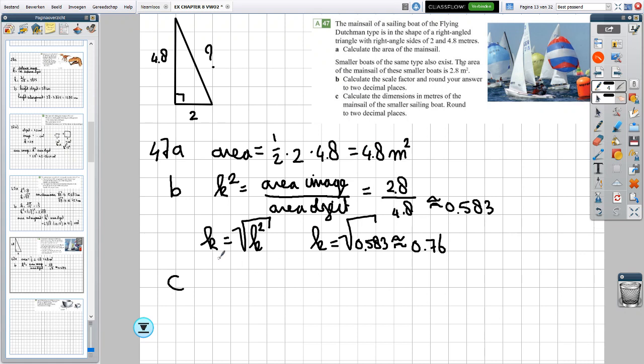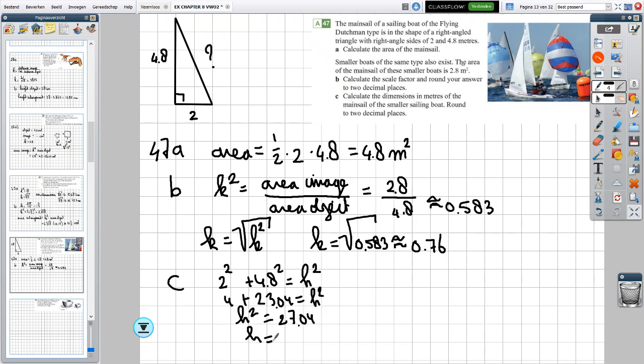So let's start by doing that. 2 squared plus 4.8 squared is, let's just call it h squared, hypotenuse squared. 4 plus 4.8 squared, 23.04, so h squared is 27.04, right?